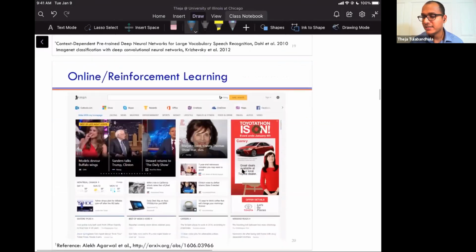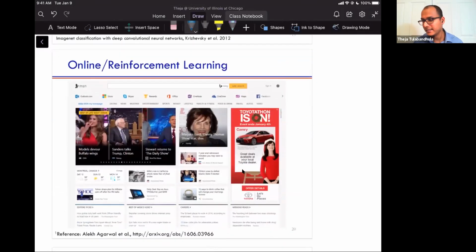Let's now jump to another example. This is an example of a deployed system as well, but not by Microsoft. So this is msn.com. It's a website where, when you open the homepage, it shows a bunch of articles that may be of interest to that particular user.